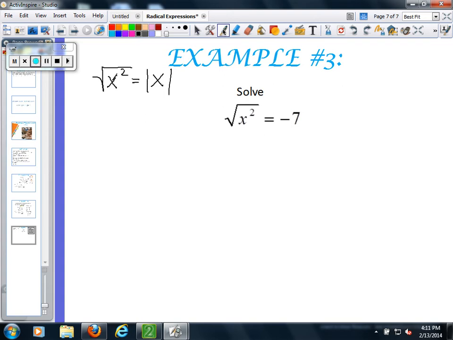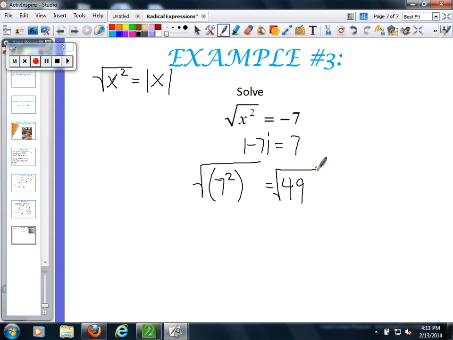Since this is the absolute value of x, I should be able to take the absolute value of 7, and I'm going to get that x equals 7. If we check this, 7 squared is 49, right? So now I have the square root of 49, which is going to be plus or minus 7.